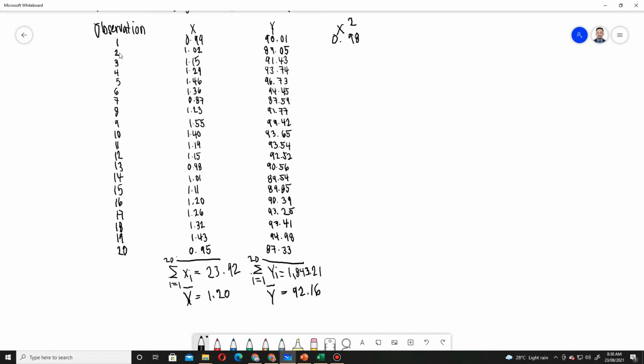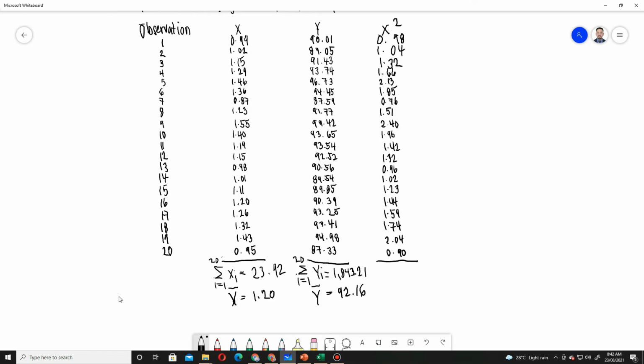Then for observation 2, 1.02 squared is 1.04. Now we will do the rest up to the 20th row.